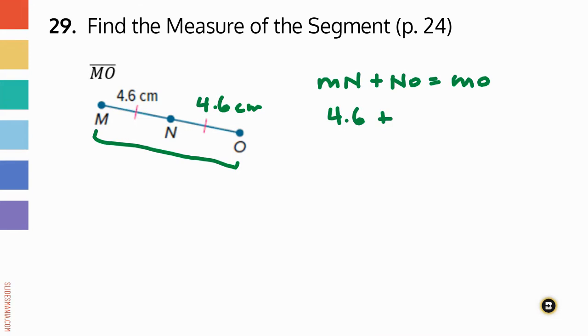We know that NO is 4.6. And if we add those together, that will give us MO. So 4.6 plus 4.6 is 9.2, and they are centimeters. Okay, so the measure of MO is 9.2 centimeters.